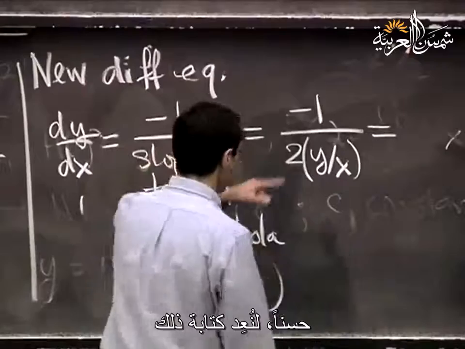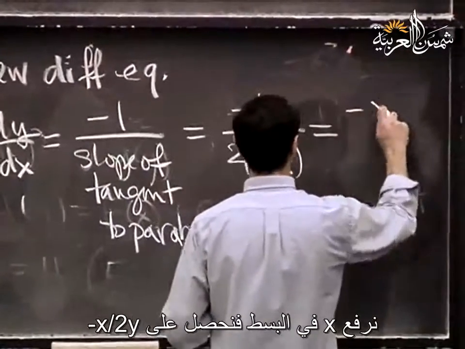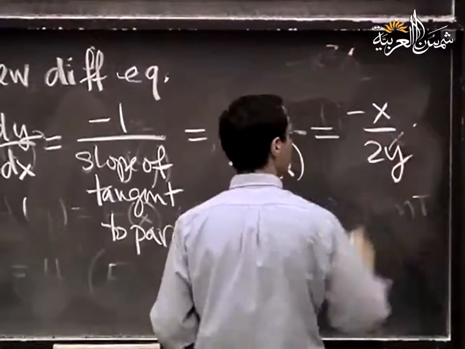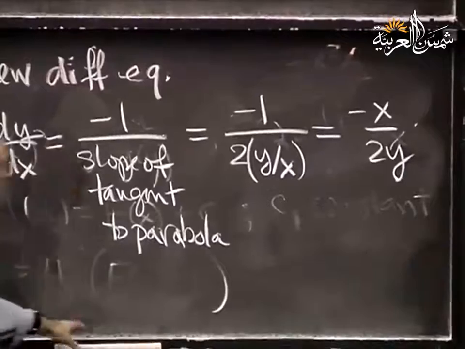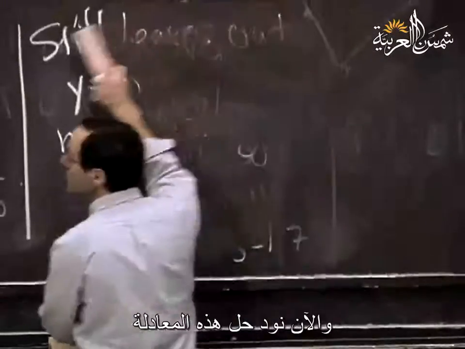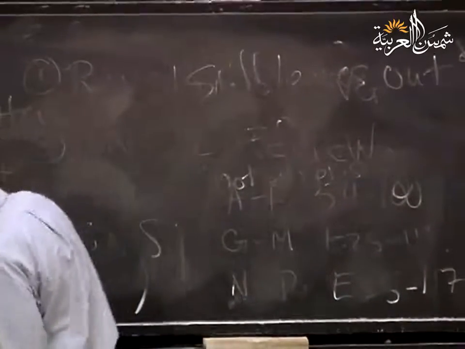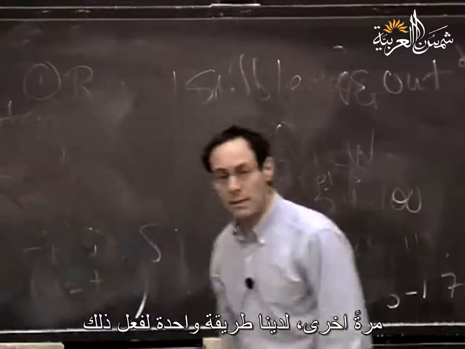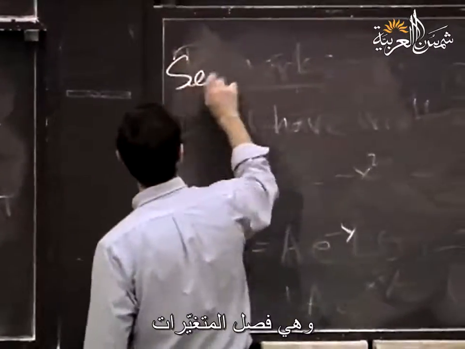So let's rewrite that now. The x goes in the numerator, so it's minus x over 2y. And now I want to solve this one. Well, again, there's only one technique, which is we're going to separate variables.